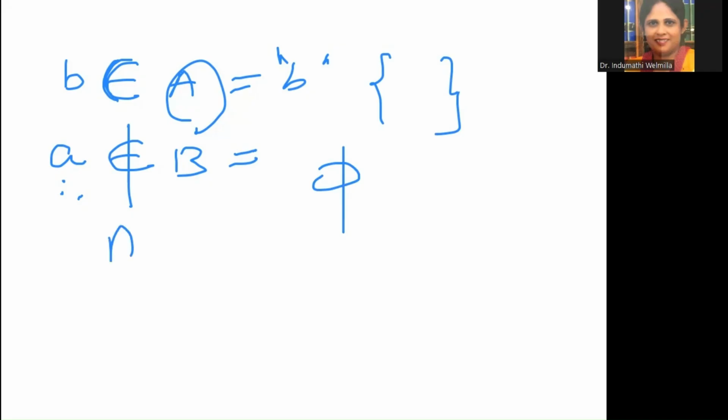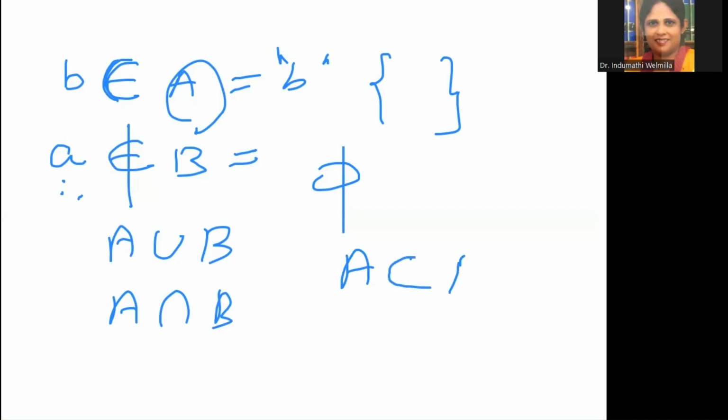We discuss these more times: set A union set B, set A intersection set B, set A is a subset of set B, and set B is the superset of set A.